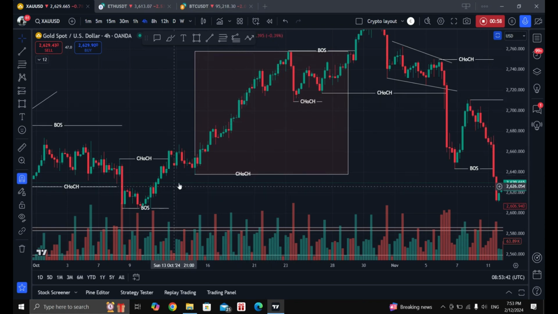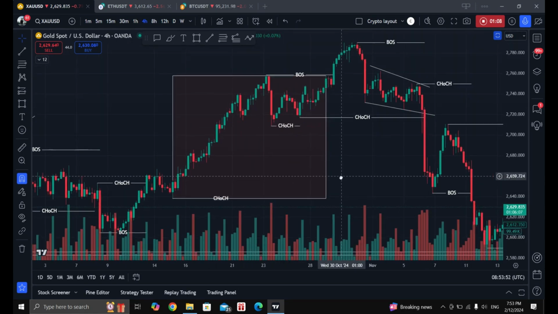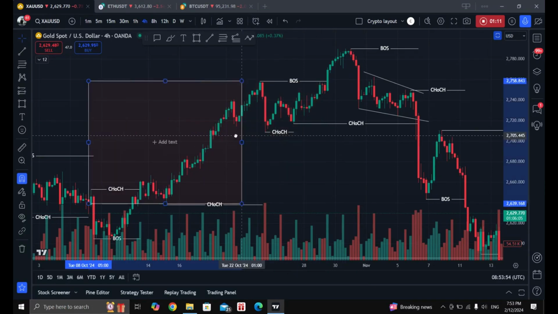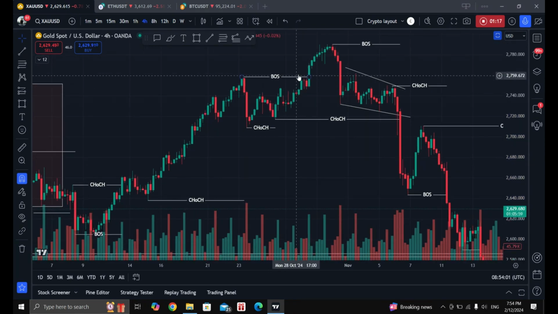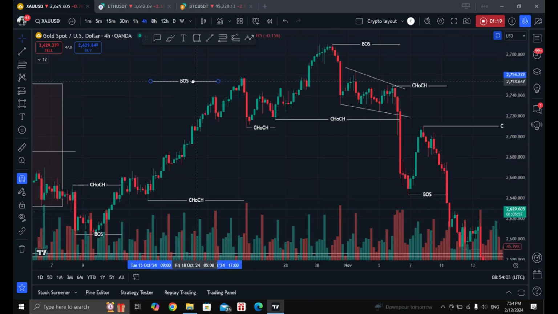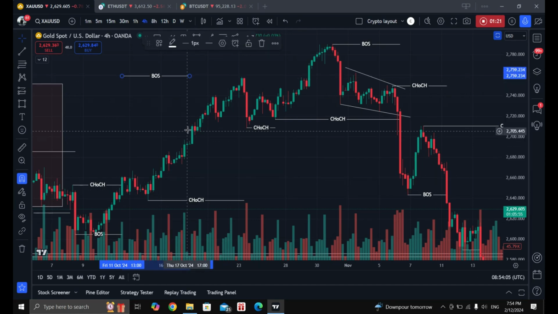The price is still in bullish momentum. As long as it doesn't close below the change of character, that's fine, guys. Then the price breaks through here, and breaks the structure again.